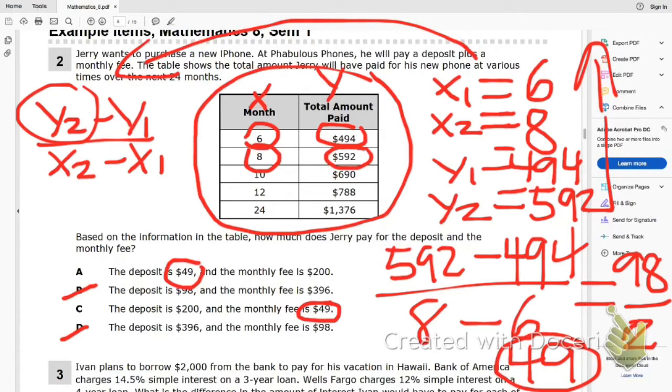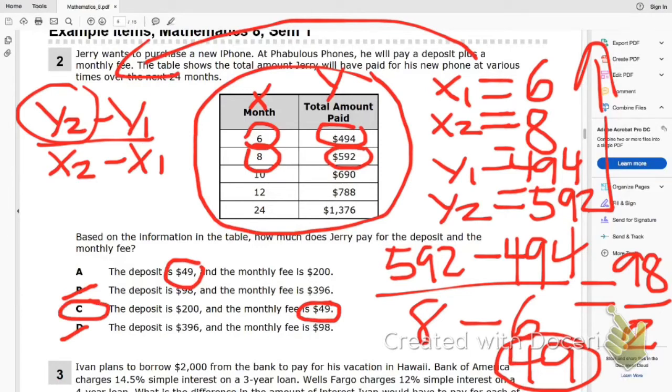A monthly fee is something that continues and changes, like a variable. So slope is a continuous process, so it's going to be a variable, not a constant. So we know 200 is my constant, 49 is my variable, so we're going to pick C. So that's how that one works out.